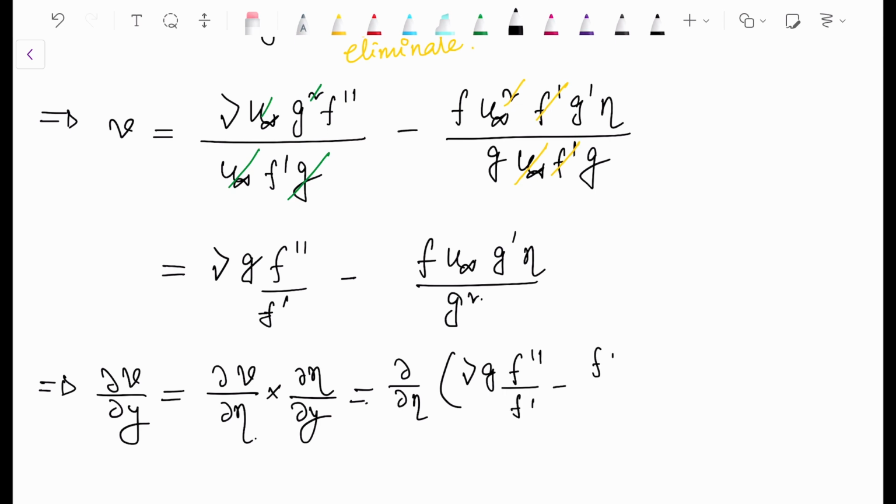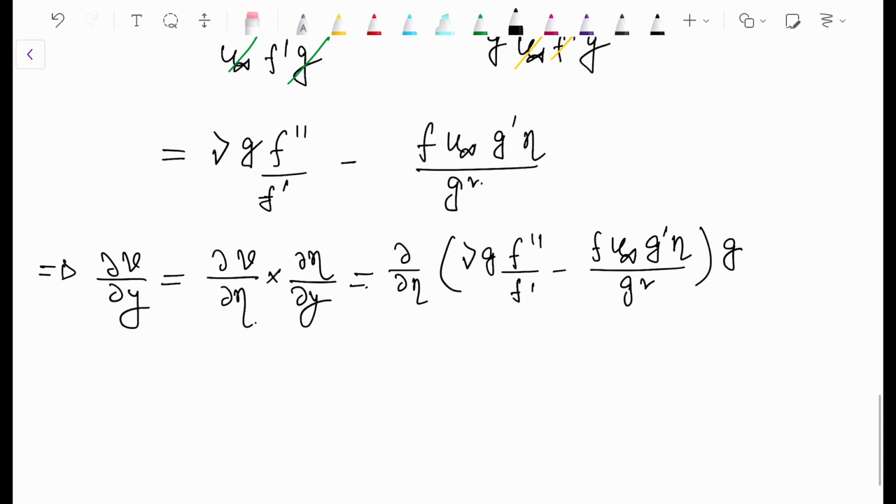This minus f into u infinity g dash eta by g square, into del eta del y, which is g. So g is not a function of eta, g is a function of x, so g into d d eta of, because f is only a function of eta, I can write this as an ordinary derivative.